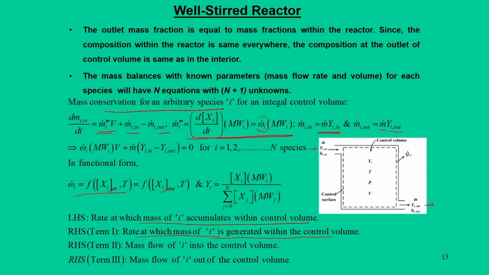Putting these equations together, since it is a steady state situation, the accumulation term vanishes, that means it has to be 0. So, from these equations we arrive at the expression: omega dot i times the molecular weight of species i times the volume, plus m dot times (y i in minus y i), is equal to 0. This relation between m dot, omega dot i and y i can be expressed in this manner.